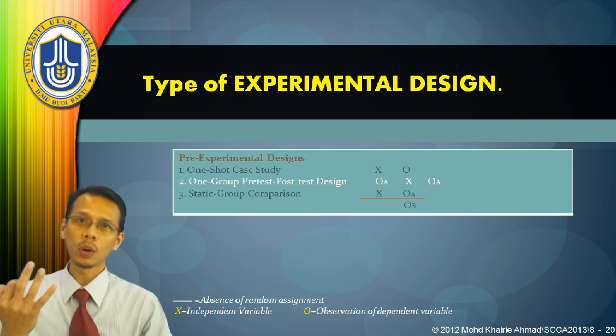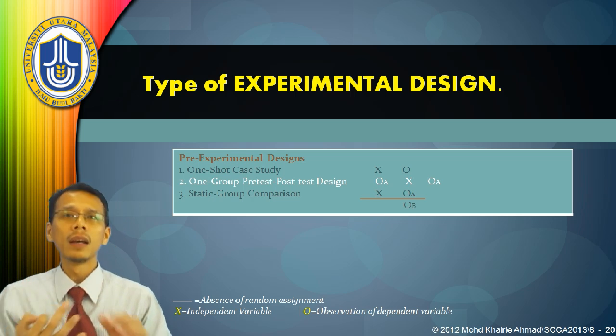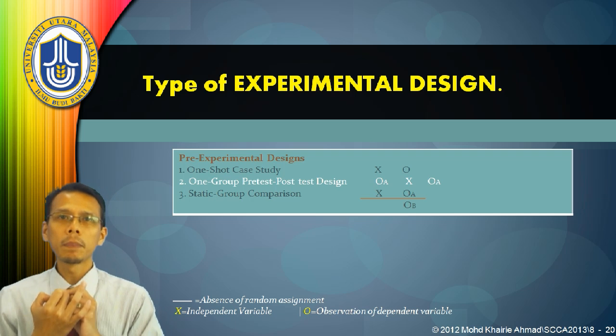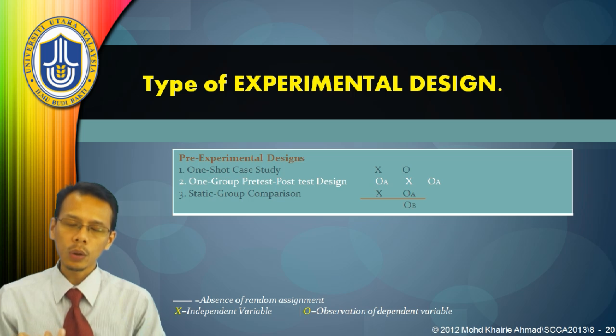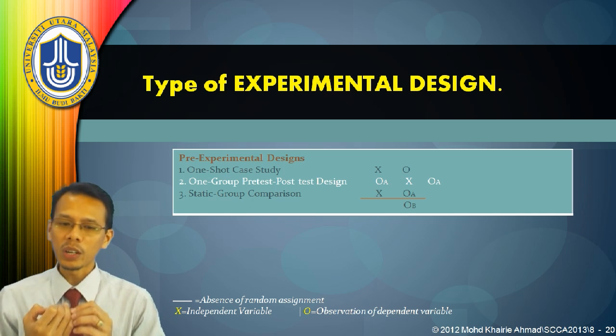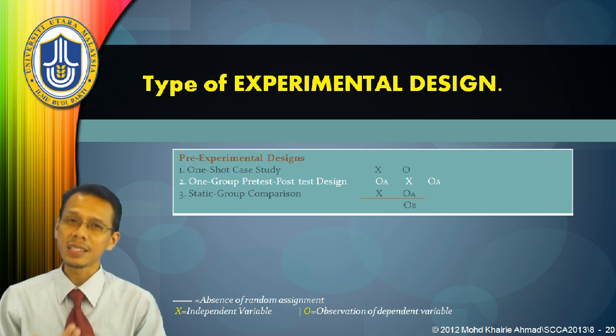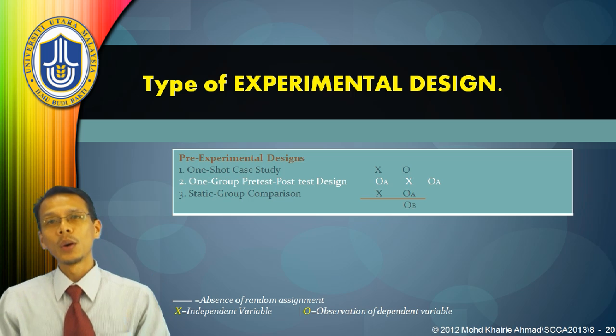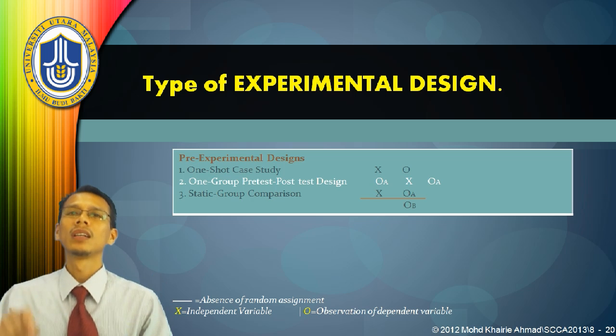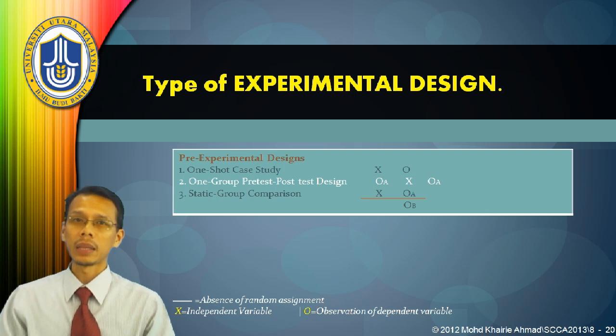The first one we call pre-experimental design. The second one is quasi-experimental design, and the third is true experimental design. Under these 3 main categories, we have another 9 types of experimental design.